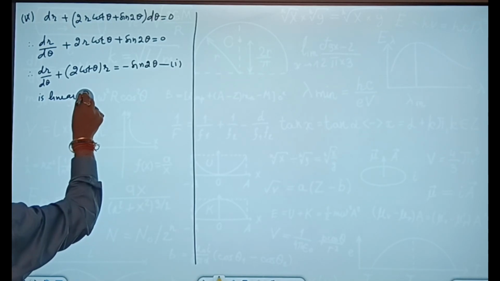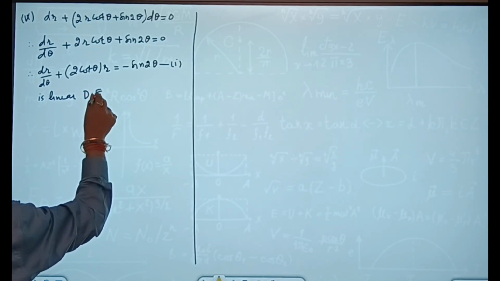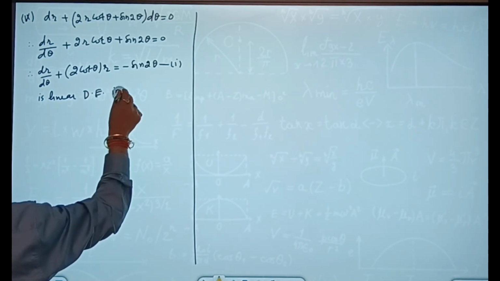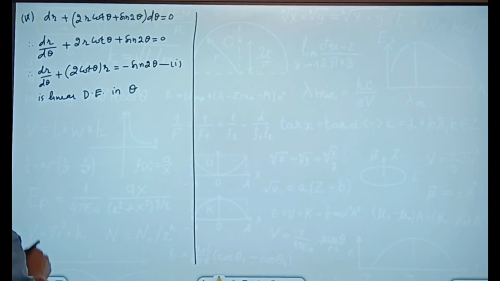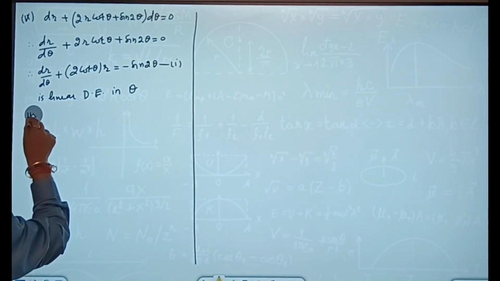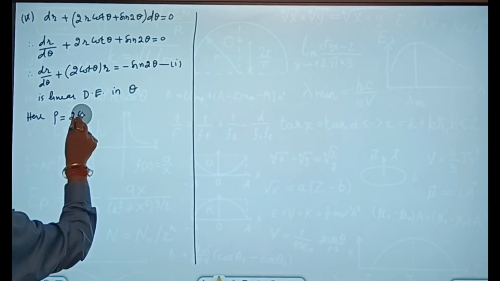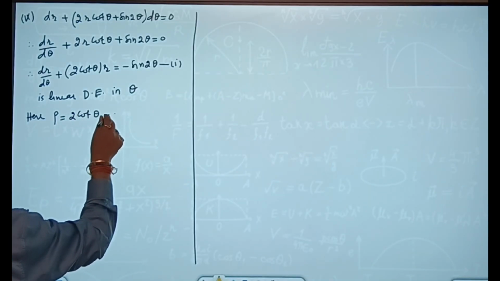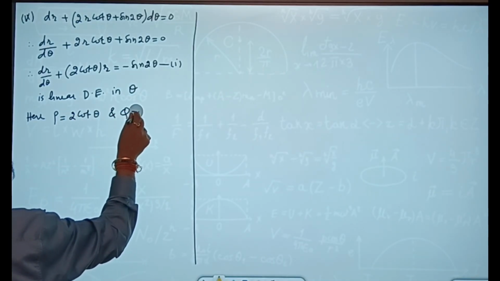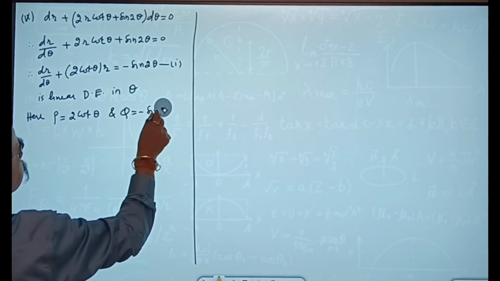This is a linear differential equation in theta. Here P is 2 cot theta and Q is minus sine 2 theta.